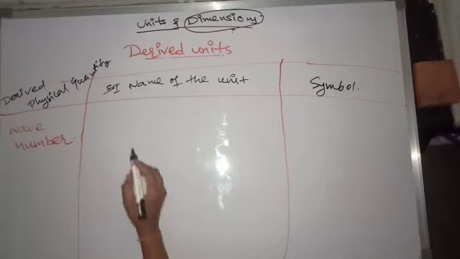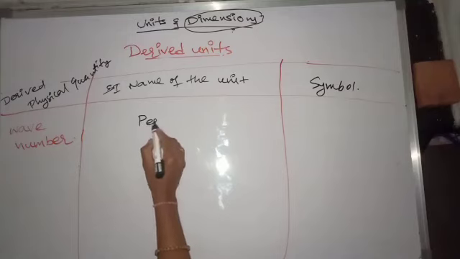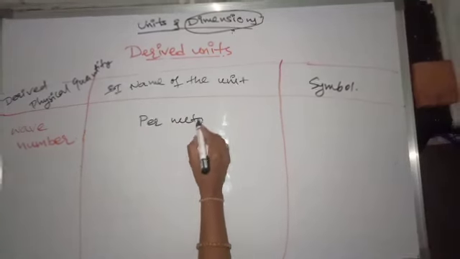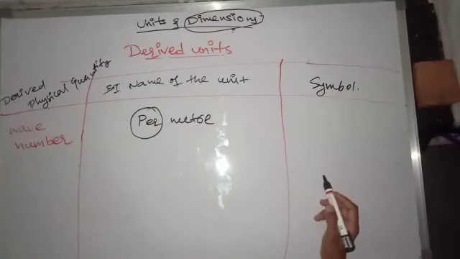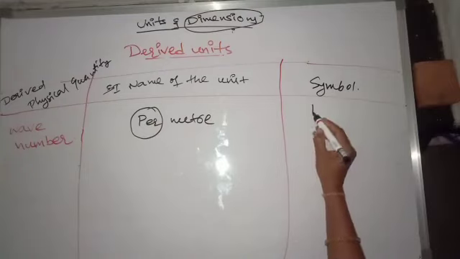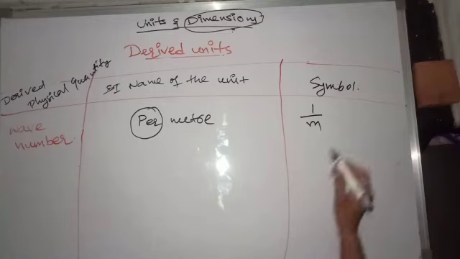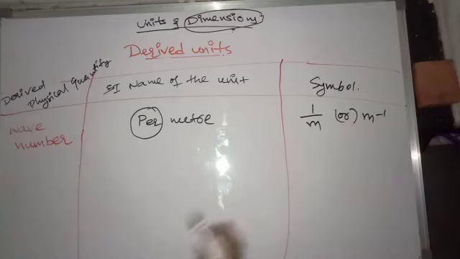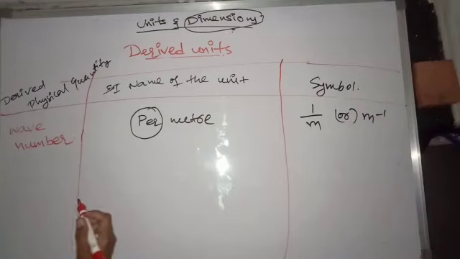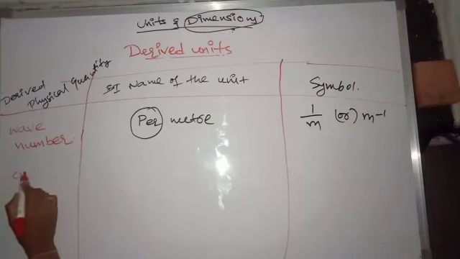Wave number is per meter. This per is used for representing division. Per meter is nothing but 1 by m, or can also be written as m power minus 1. And the other is current density.